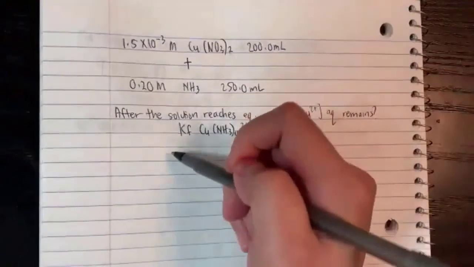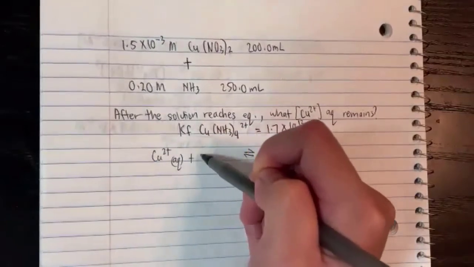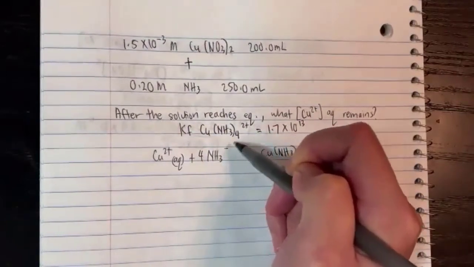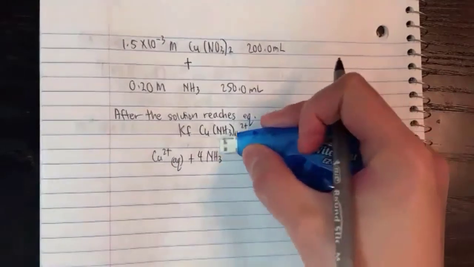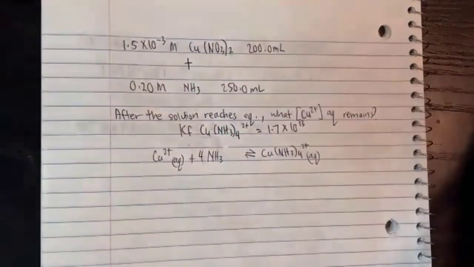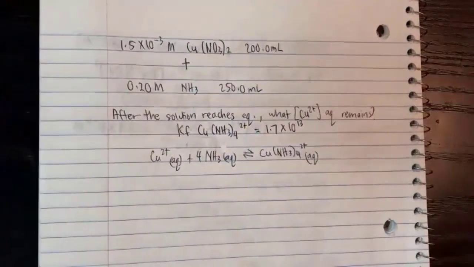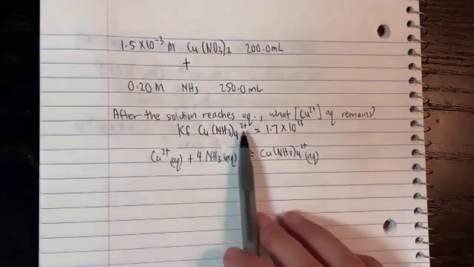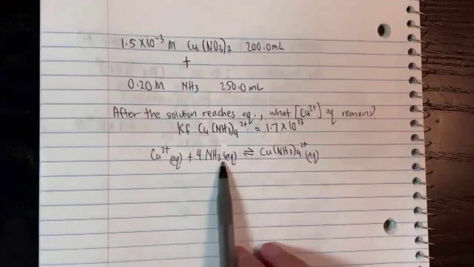So I know I use 1 copper and I used 4 ammonia. There's no charge for ammonia. Aqueous. Okay, so basically when they give you a KF value, you take this part here and you can break it down to know what ions you use to build it.